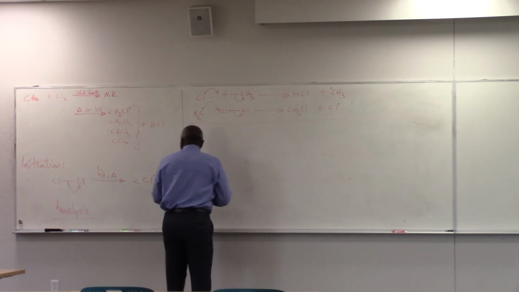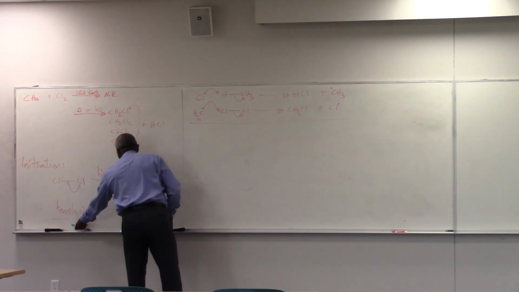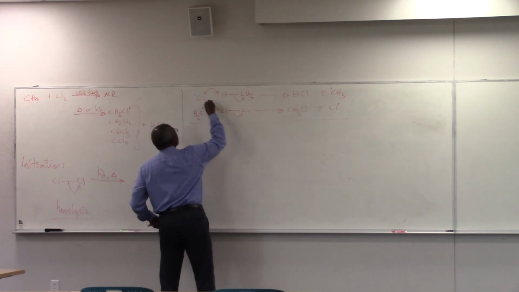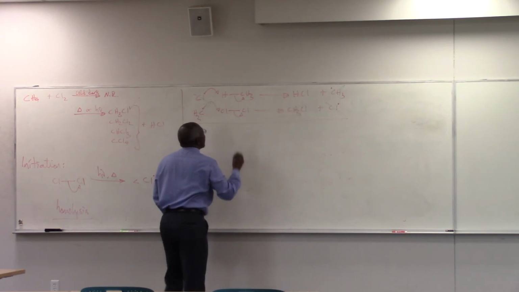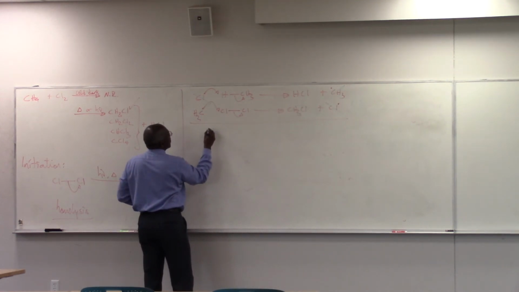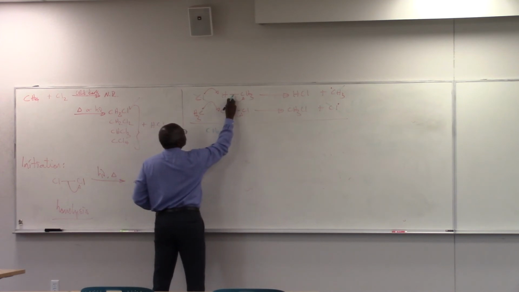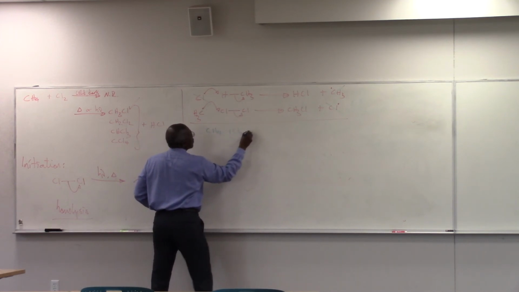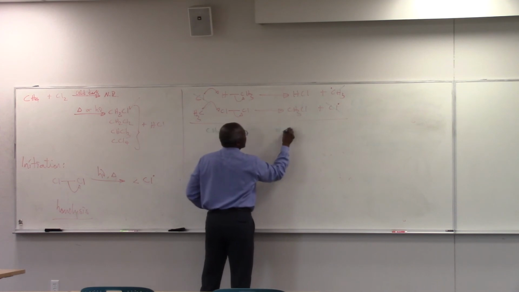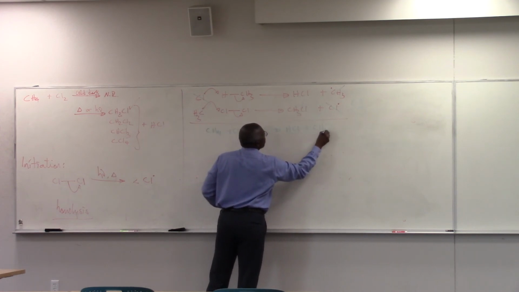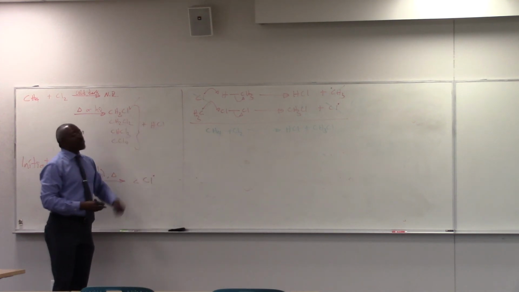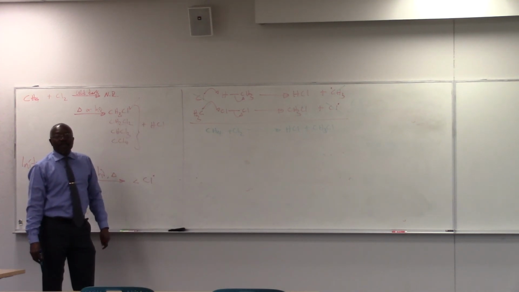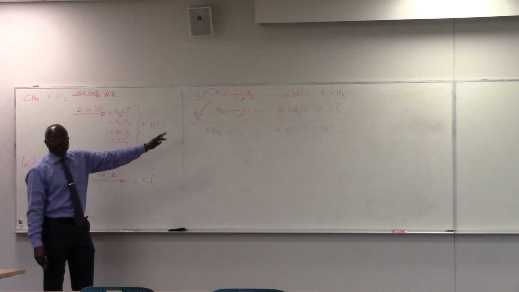Well, the things present on the left and right, I'm going to cross them out. And the net reaction is going to be CH4 plus Cl2 gives rise to HCl plus CH3Cl. I sum those two propagation steps.